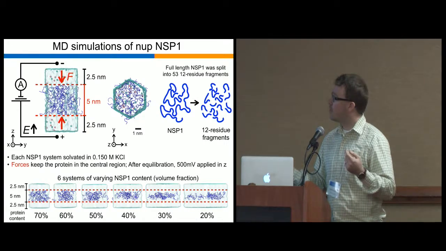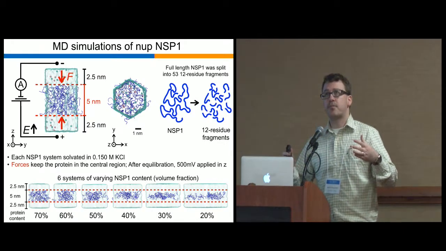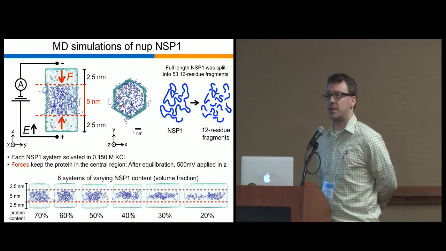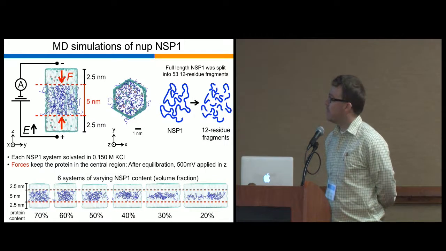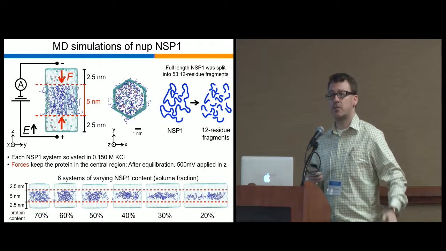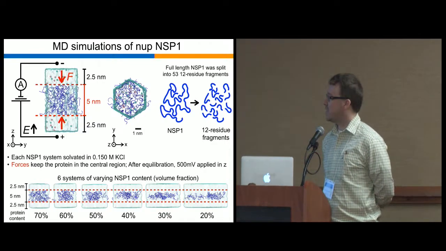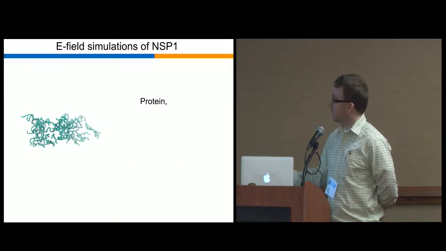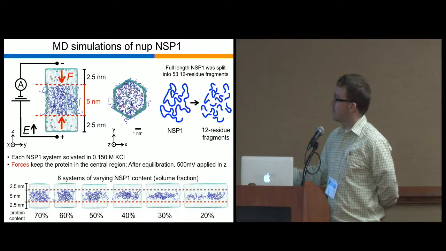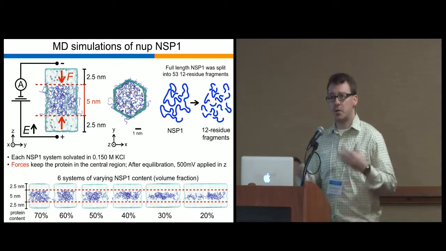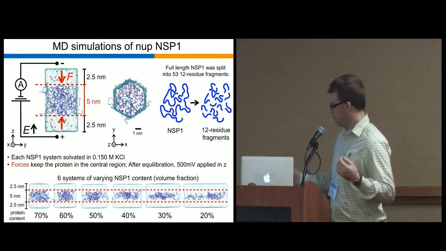And to do a similar process to what was done in experiment, we varied the size of the cross-sectional area, keeping the Z the same, and in this way we varied the protein content within that central region.